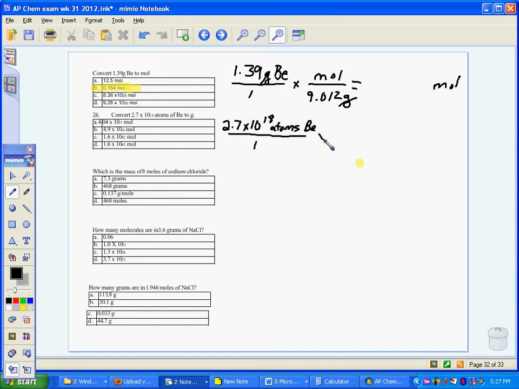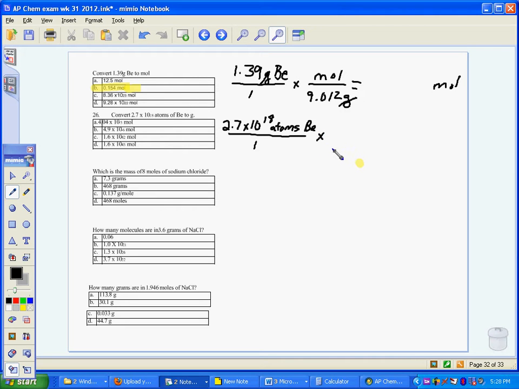Okay, again, I've got a couple relationships here. I've got Avogadro's number, which is 6.022 times 10 to the 23rd atoms per mole.